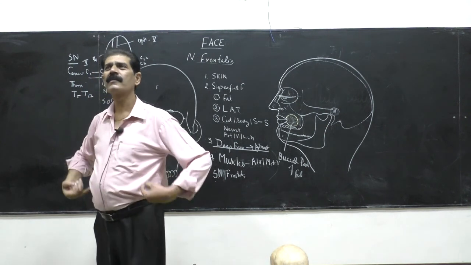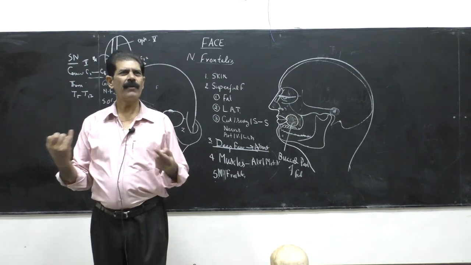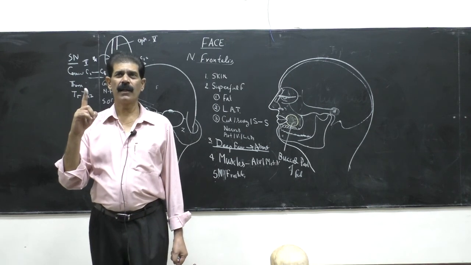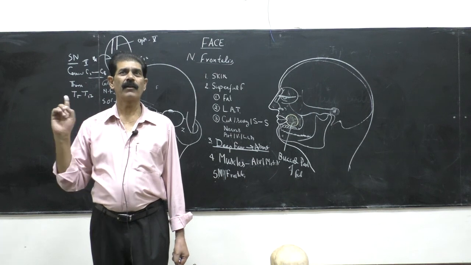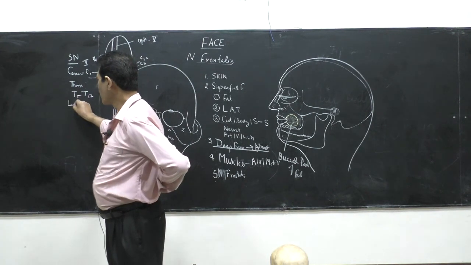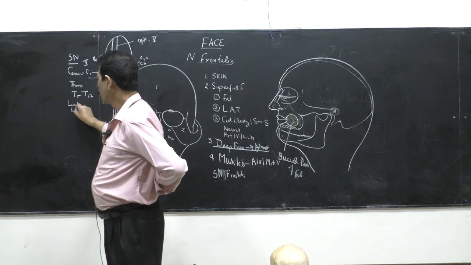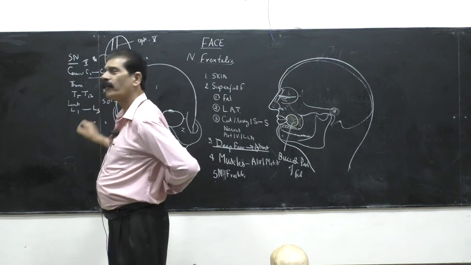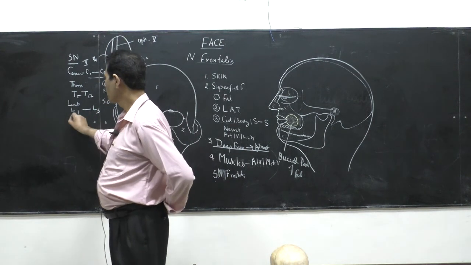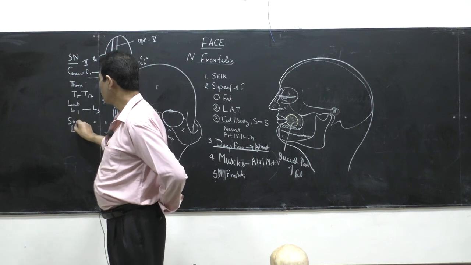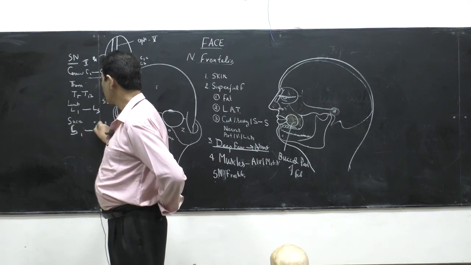There are 12 ribs, and every rib has one thoracic intercostal nerve. So they are 12 in number. Then lumbar, the back side of the abdomen, they are 5, L1 to L5. Then our sacrum. So sacral spinal nerves are also 5, S1 to S5.